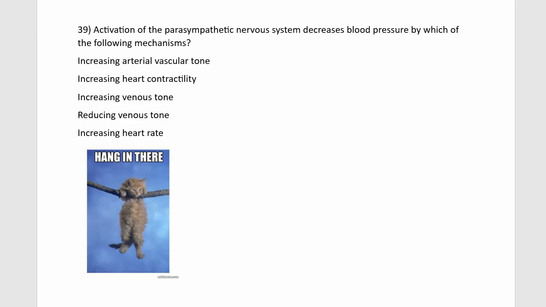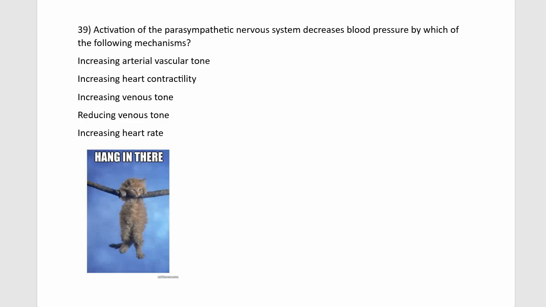So their diameter decreases and they become less compliant. This constriction increases the pressure within the veins, reducing their capacity to store blood. And as a result, more blood is returned to the heart, leading to increased preload. Increased preload can enhance stroke volume, cardiac output, all of that. So that's going to then increase blood pressure.